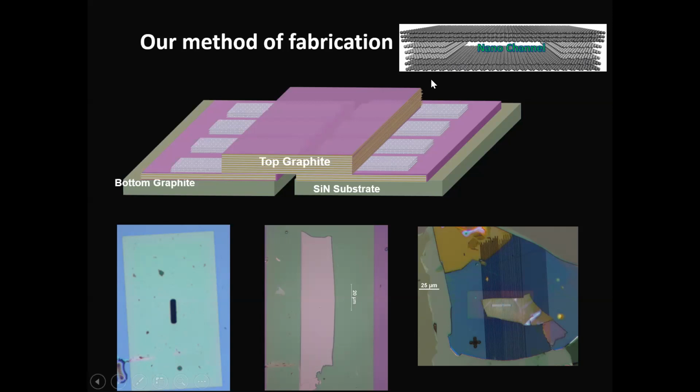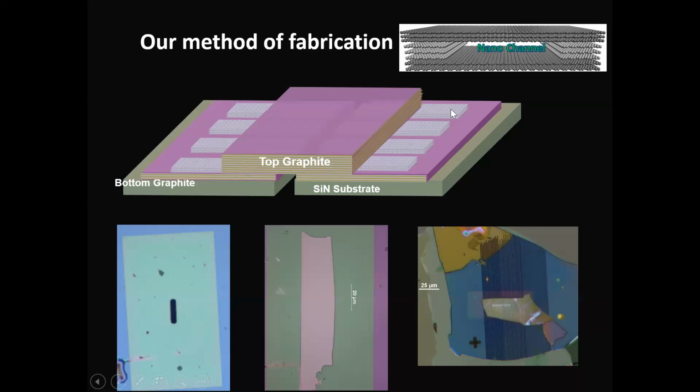This is essentially the fabrication technology that we have used. It uses good quality lithography and the exfoliation technique. This is not just about graphene. You can expand this to any other 2D materials. For example, you can have a ferroelectric or piezoelectric material here, and this one can be magnetic.